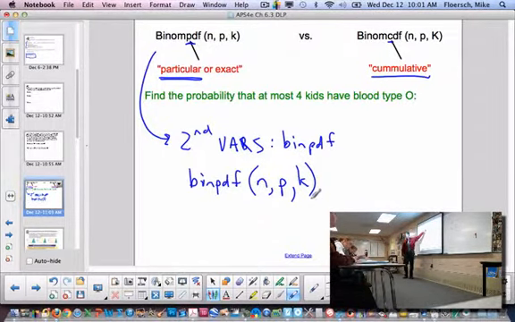And I don't really spell out what N, P, and K are on your sheet, do I? Does it say? I don't think it does. So you might want to write it on there. N is number of trials, P is probability of success, K is your number of successes.